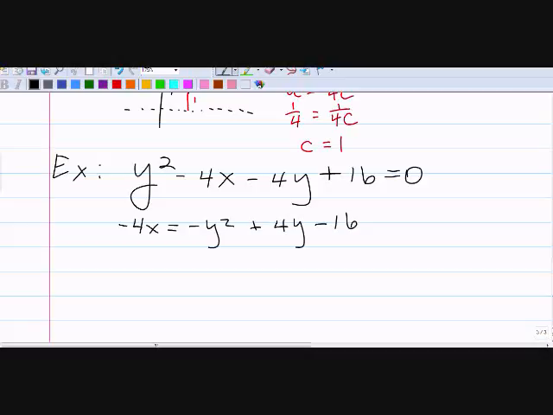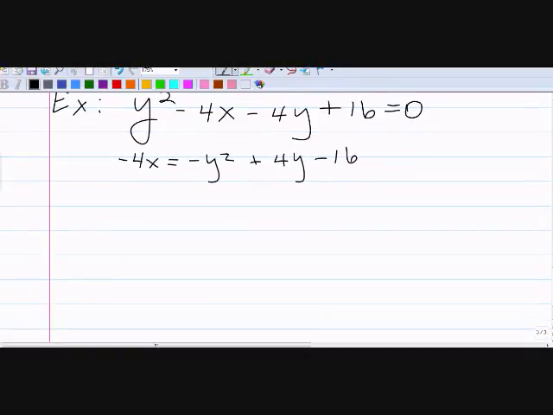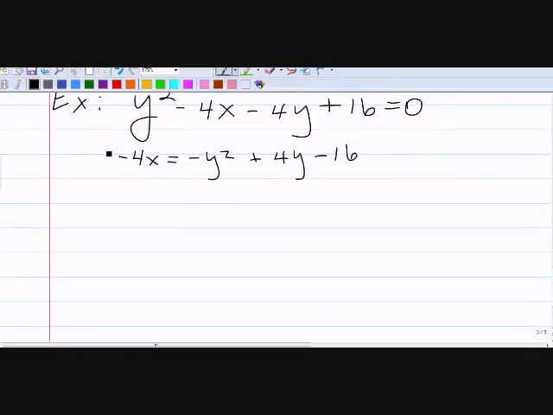I don't want negative y squared. I want the coefficient on the y squared to be 1 because I'm going to complete the square. So I'm going to multiply this whole equation by negative 1 and get 4x equals positive y squared. That's what I want. Minus 4y plus 16.